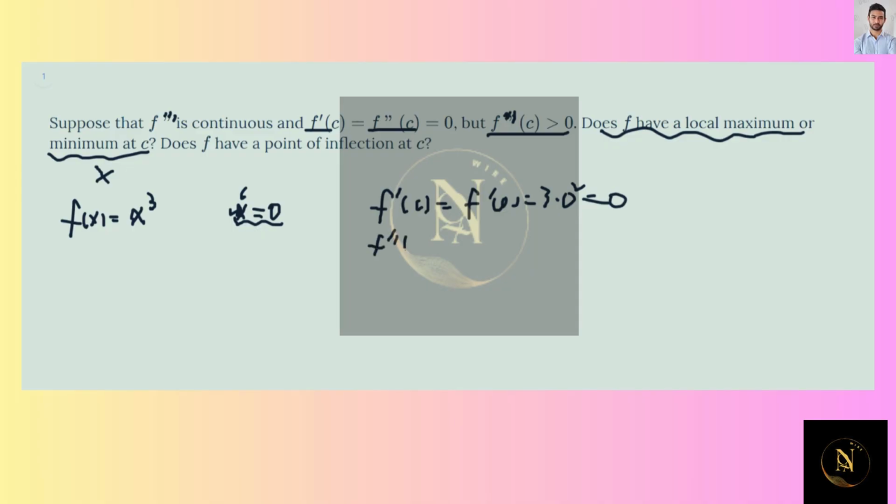And the second derivative at c is also 0, but the third derivative is equal to 6, which is positive. But the function f of x has no local maximum or minimum value at the point x equal to 0.